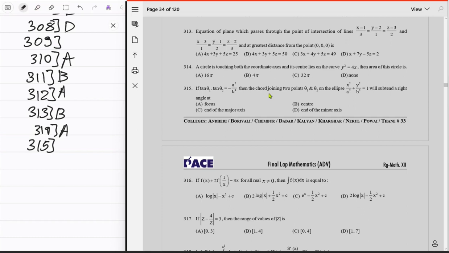Maybe b square, you are saying, though that's just weird because it's like a square m1 m2 plus b square, so it should be negative b square upon a square. That's not the thing, it's not at the center, then where is it? Ends of the minor axis.